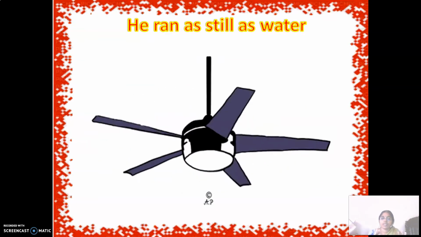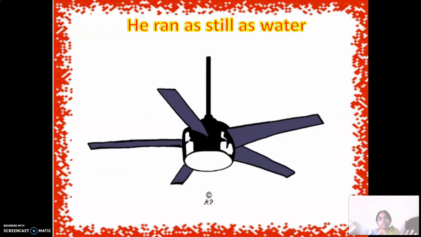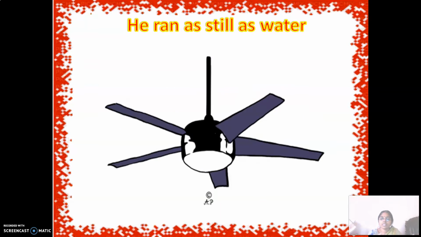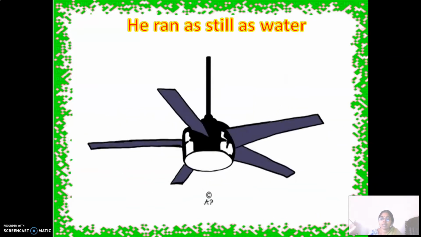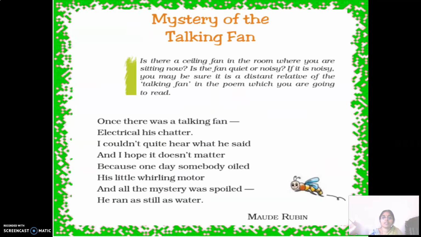The same way, the fan, when it is oiled, is not making noise, right? So he ran, in the sense the fan rotates, as still as water, as calm as the stagnant water, right? So this is the poem in your book, Mystery of the Talking Fan.